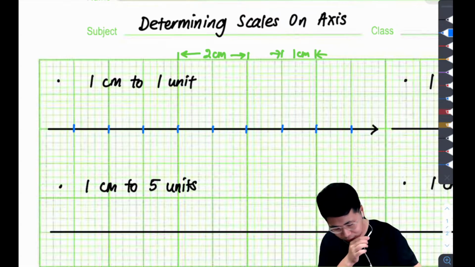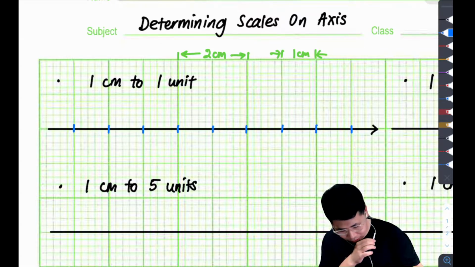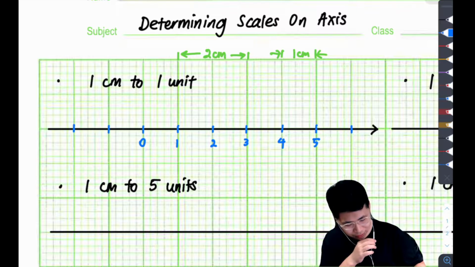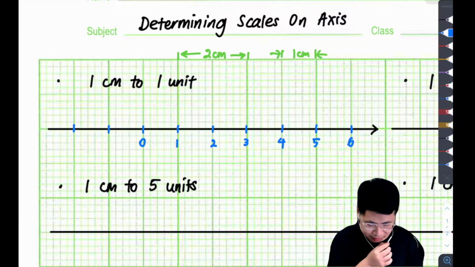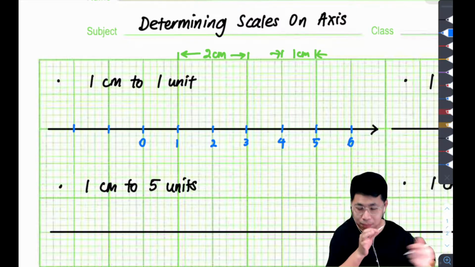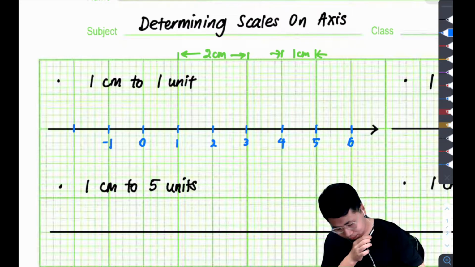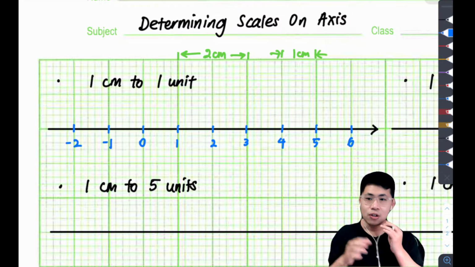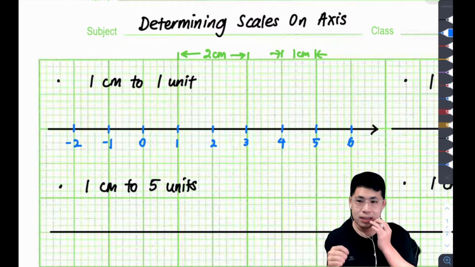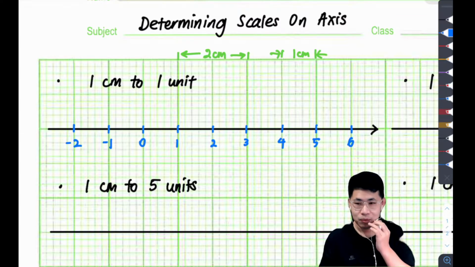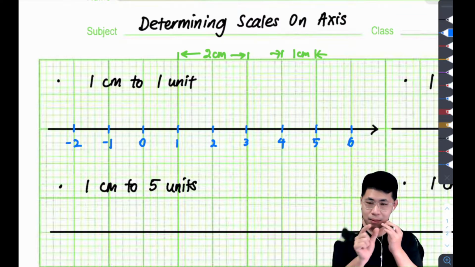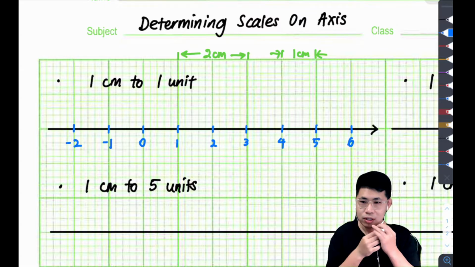So if I start from 0, I'm going to have 1, 2, 3, 4, 5, 6. In the same way, going backwards, I have negative 1, negative 2. So this is what we mean by 1 cm to 1 unit. The gaps are 1 cm apart, and each gap is 1 unit.